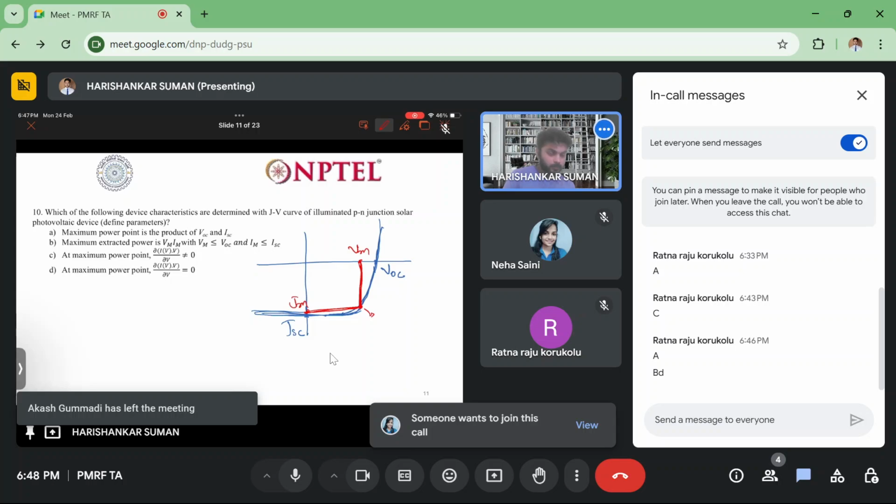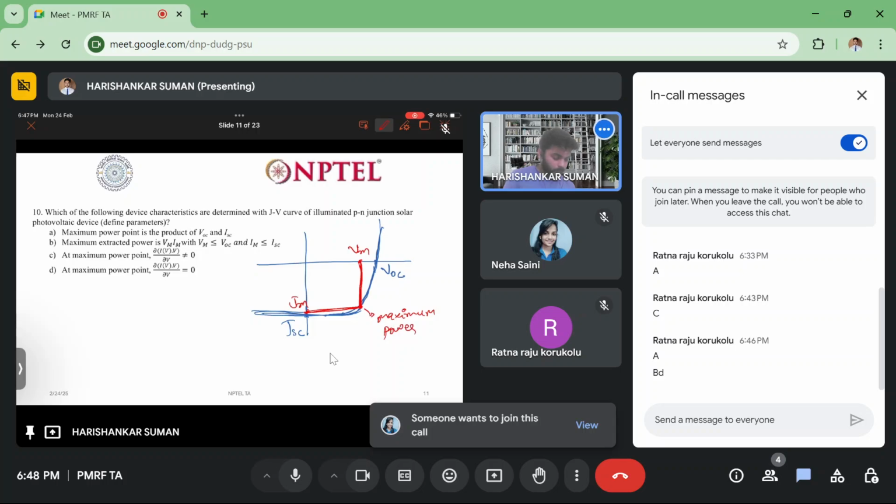Let's see. Is the maximum power point the product of VOC and JSC? No. Pmax equals Jm times Vm. The maximum extracted power with Vm and Jm, with Vm less than or equal to VOC and current also less than JSC. Is this right or wrong?